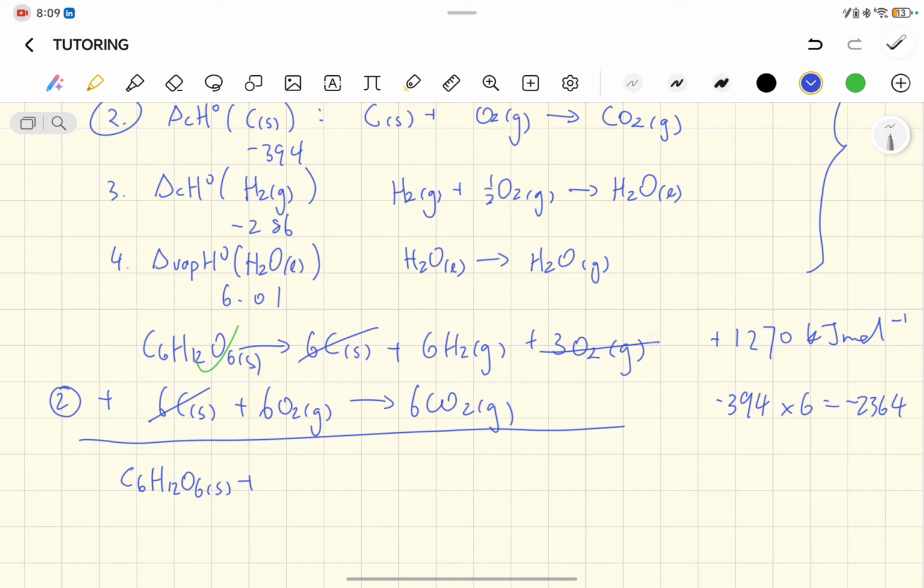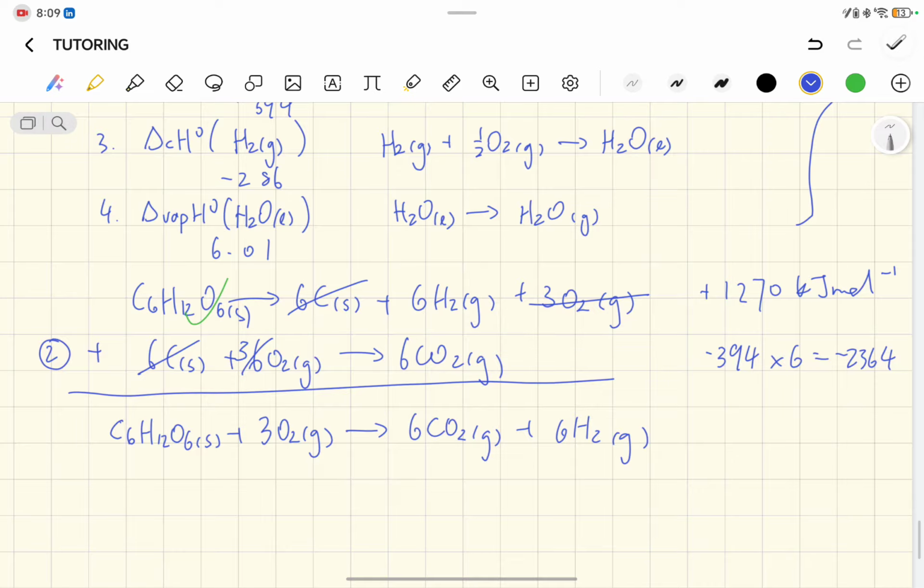Oh, these cancel out and this becomes a 3 because we can remove the O2 gas as well, and this becomes 3O2 gas. This goes to 6CO2 gas plus 6H2 gas. That's 12. 6 carbons, and 12 hydrogens. You can check the number of hydrogen, carbon, and oxygen for every line.